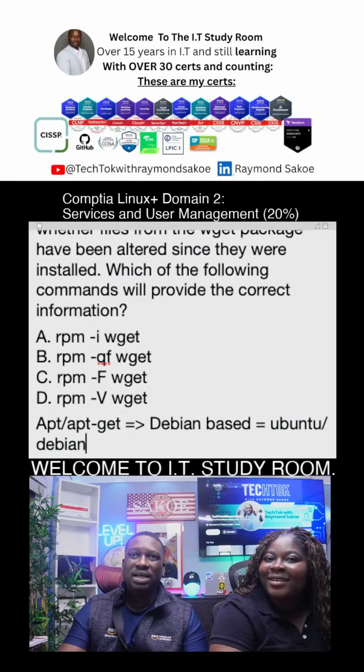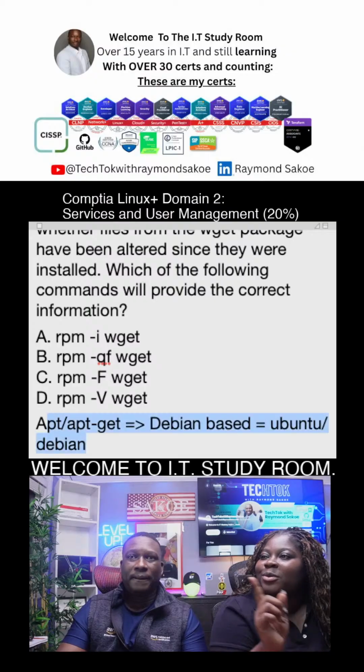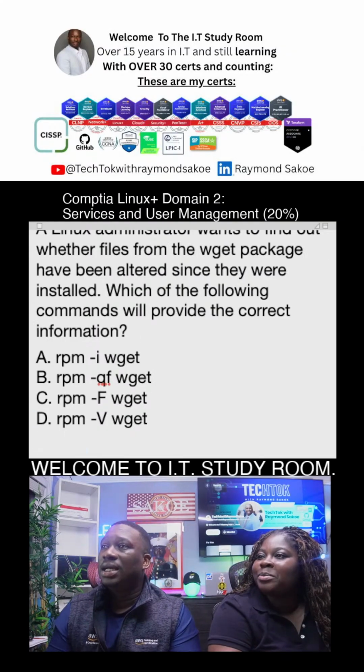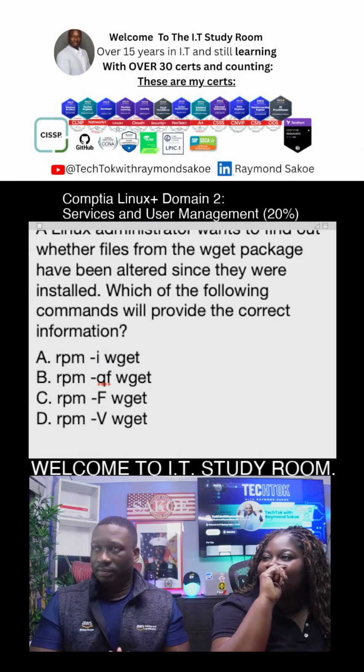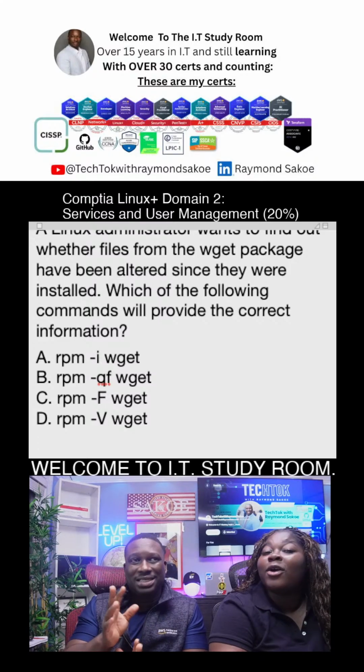Anytime you hear RPM or YUM or DNF, most of the time it's Red Hat, CentOS and others. So sudo update and upgrade is for updating and upgrading the packages that you have installed.